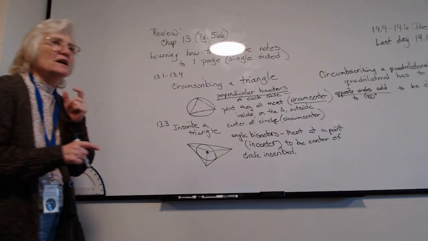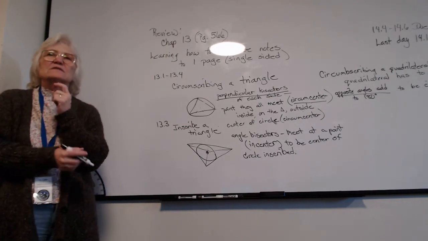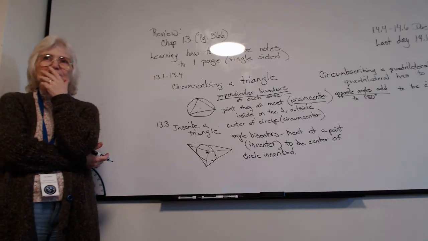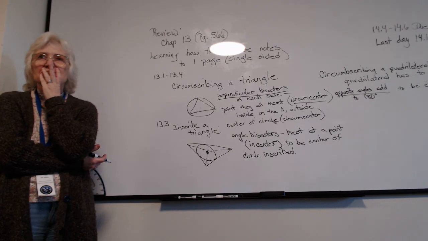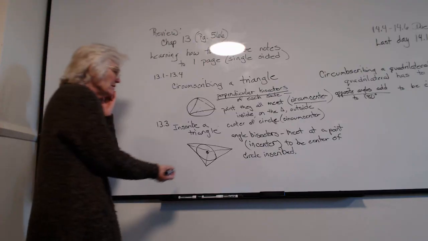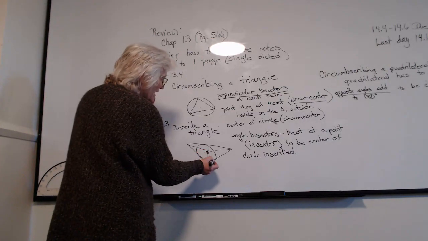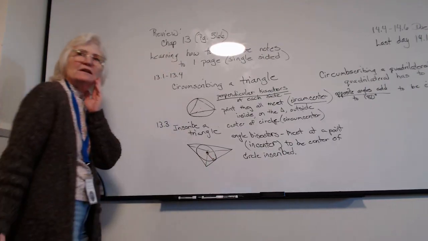How do I find the length of the radius of that circle? Is it the distance to the sides? It's the distance to the side perpendicularly. So I have to go to this side at a 90-degree angle, and that's going to be my radius.